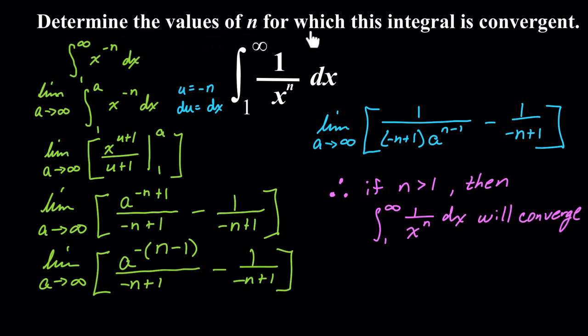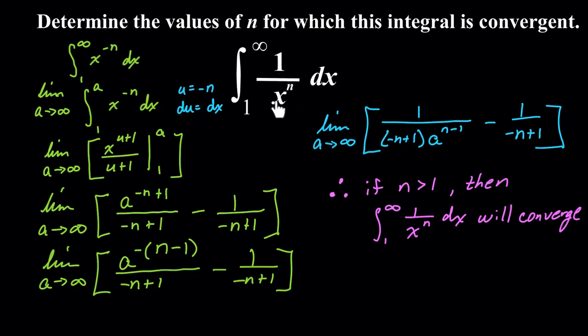Determine the values of n for which the integral is convergent. So if you have an integral of 1 over x to the second power, that will converge, and you can find out what it converges to. 1 over x to the third power, 1 over x to the fourth power, 1 over x to the fifth power, those will all converge to a single numerical value.